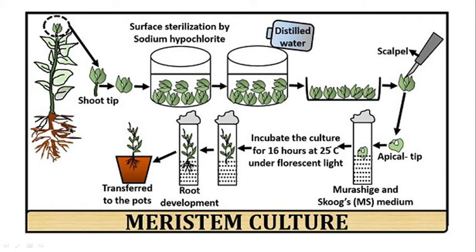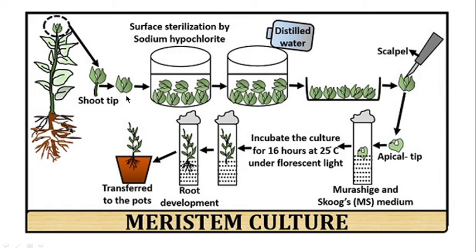So these tips are taken because they contain meristematic tissue, and they will easily undergo cell division and form a new plant. For that reason, root tip is taken in case of root culture, and shoot tip is taken in case of shoot culture.